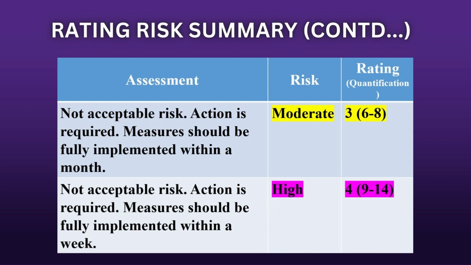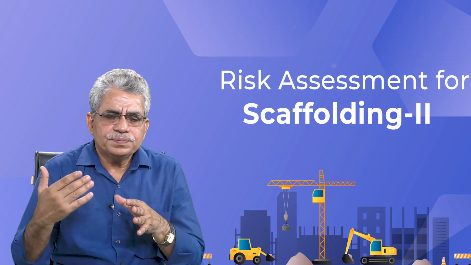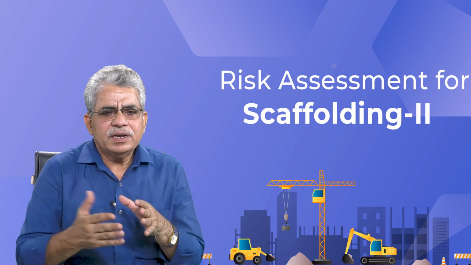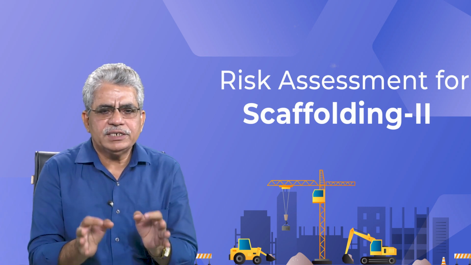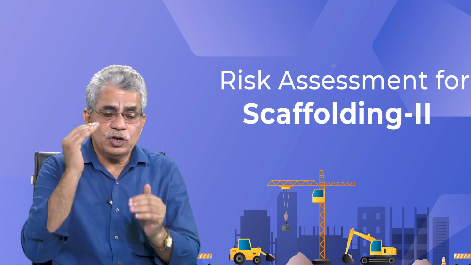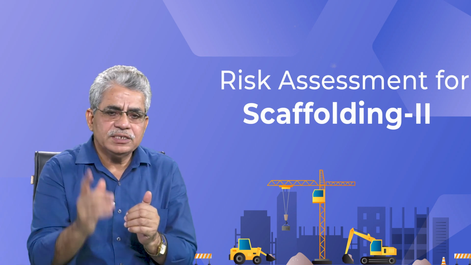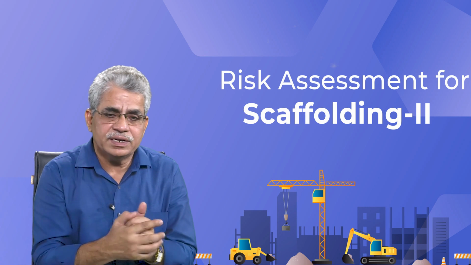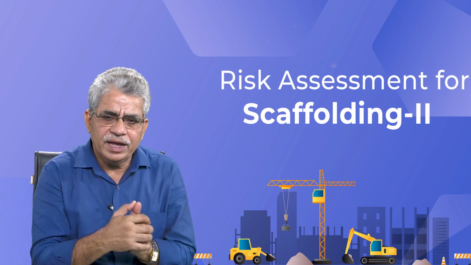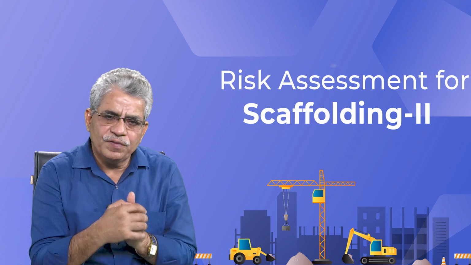The next is not acceptable risk, action is required, measures should be fully implemented within a week, then the risk category is high and the rating is 4. Then the final one, risk is not acceptable, action is required, work must be stopped immediately, measures should be fully implemented immediately, the risk category is very high and the risk rating is 5.